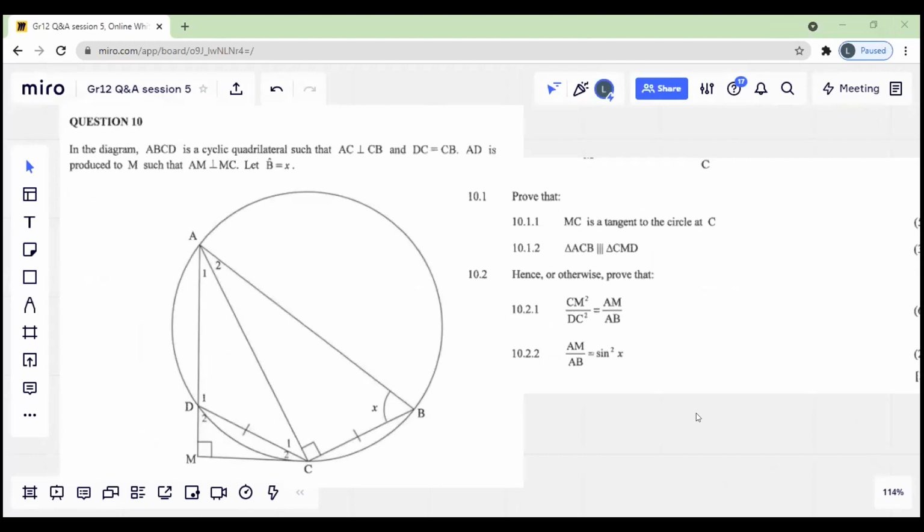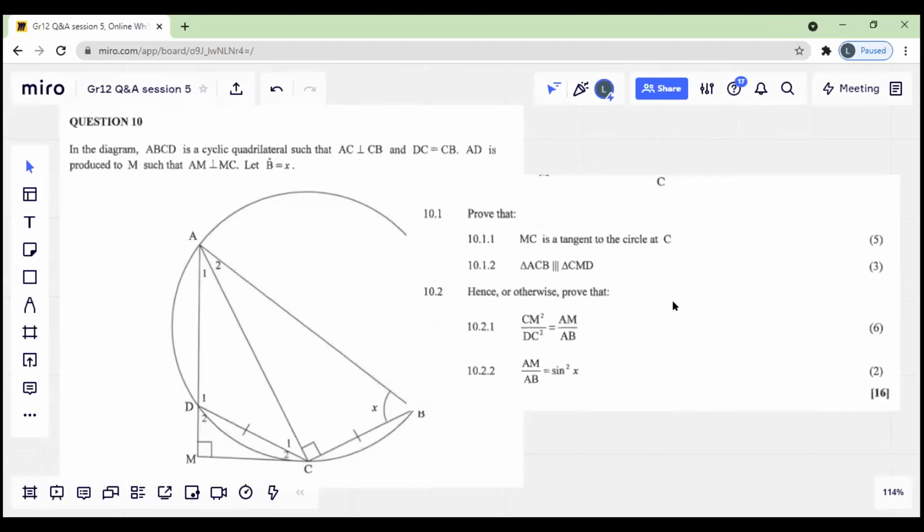So in question 10, it tells us in the diagram ABCD is a cyclic quad such that AC is perpendicular to CB and DC is equal to CB. AD is produced to M such that AM is perpendicular to MC, and they've asked us to let angle B be X. All right, so what they want us to do here is this.